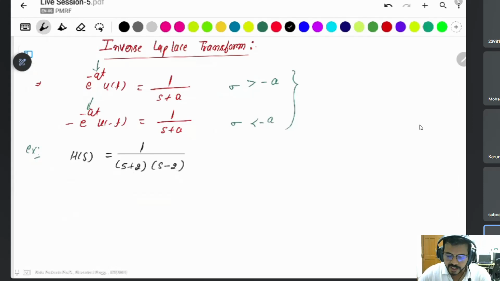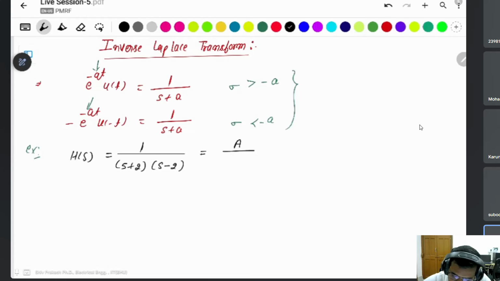One is positive, one is negative. In this question, first of all, find the partial fraction of that function. Then after that you can solve the question. First of all, find the partial fraction of this one.